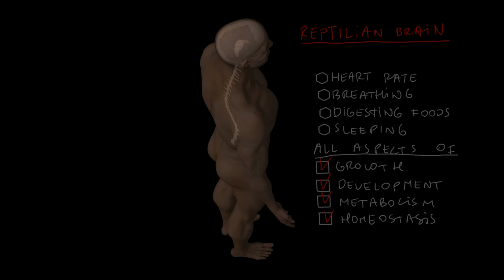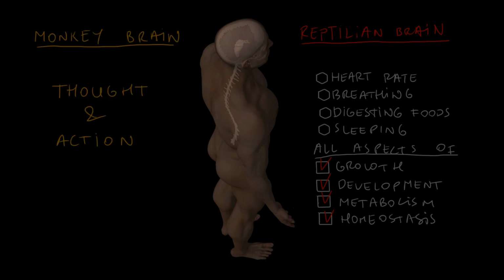The other part of the brain, the part that you don't see in this image, sometimes is referred to as the monkey brain. This monkey brain, which is basically the cerebrum or cortex, is the largest part of the human brain, and it is associated with higher brain functions such as thought and action.